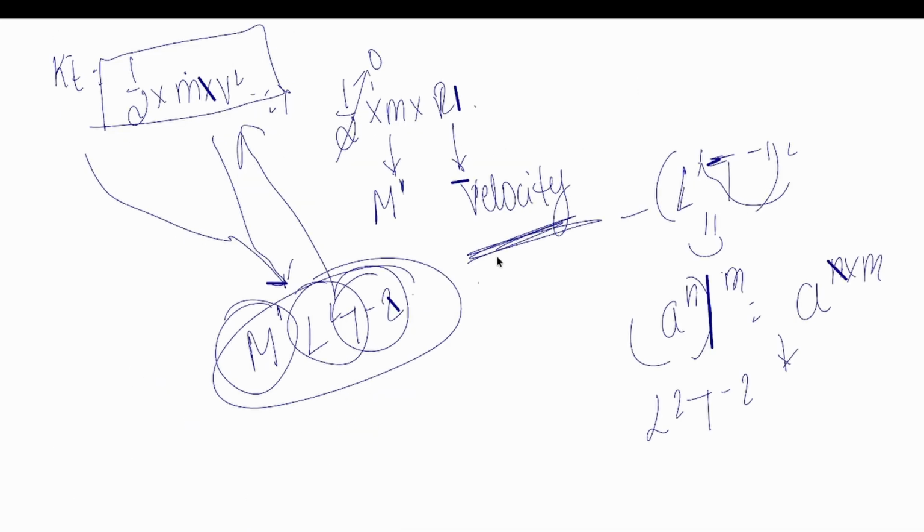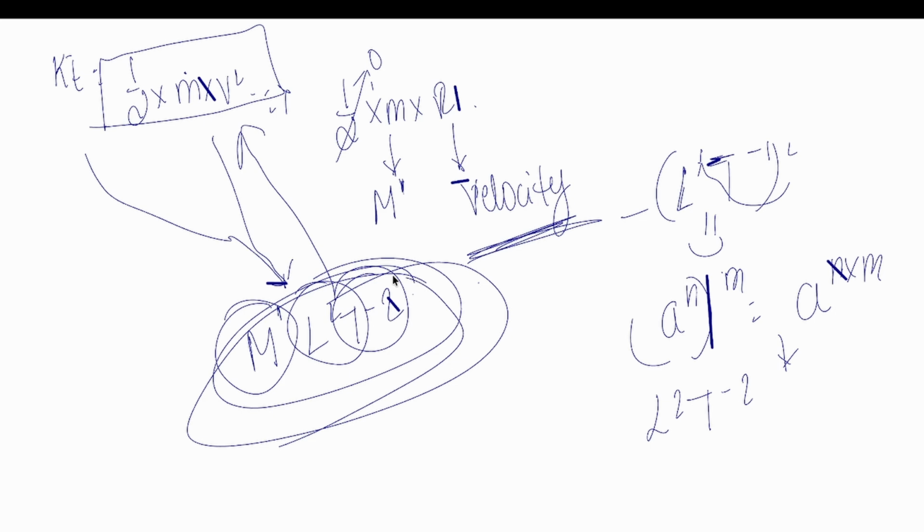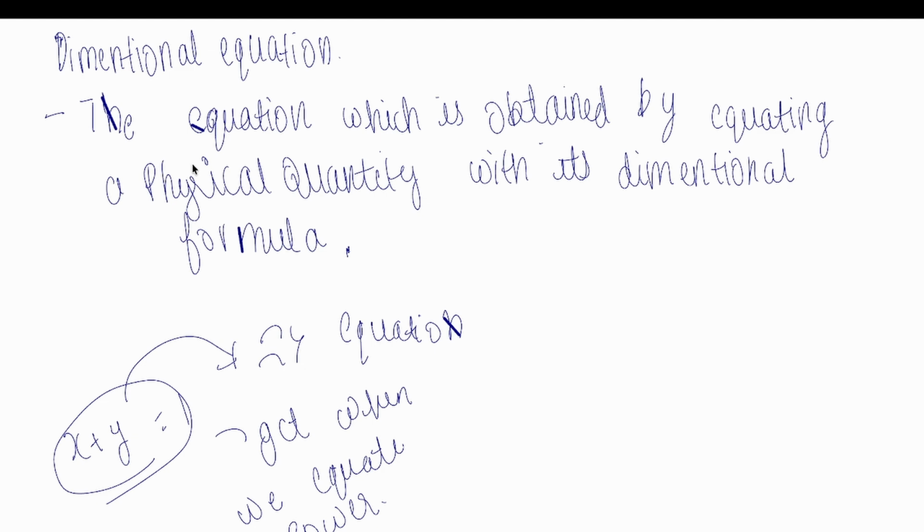In the previous slide, I wrote the dimensional formula, or the dimensional equation, precisely for kinetic energy, as we can see here, converted from its original formula of kinetic energy.